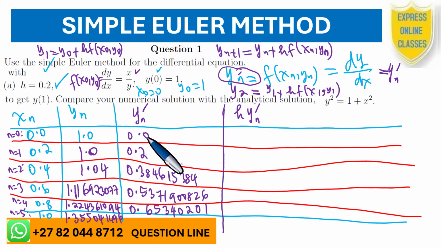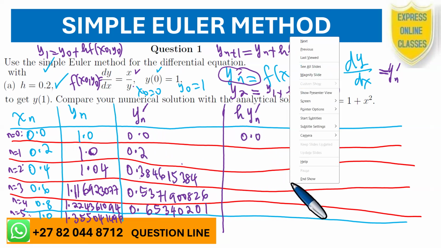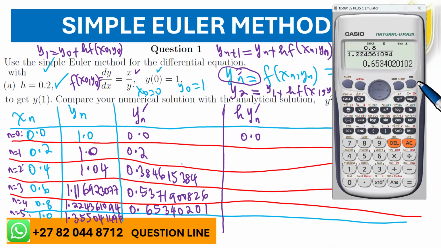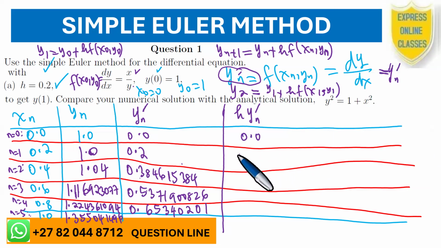So 0.2 by 0 is 0.0. 0.2 by 0.2. Right, so do 0.2 by 0.2, you get 0.04.